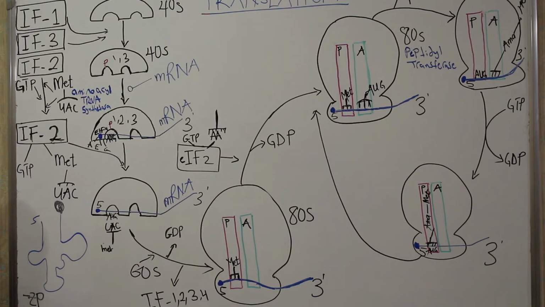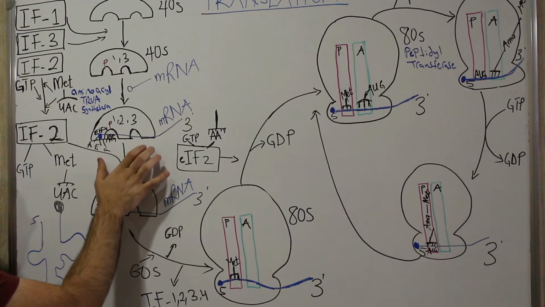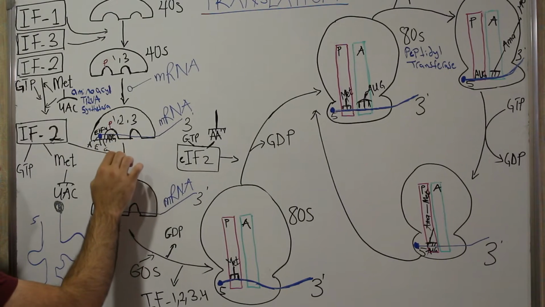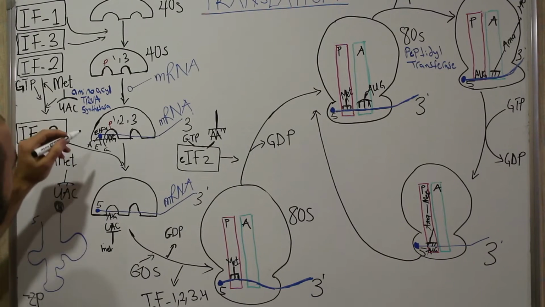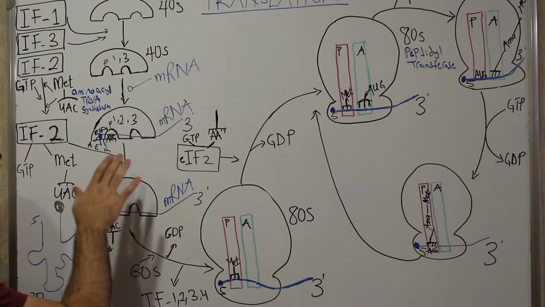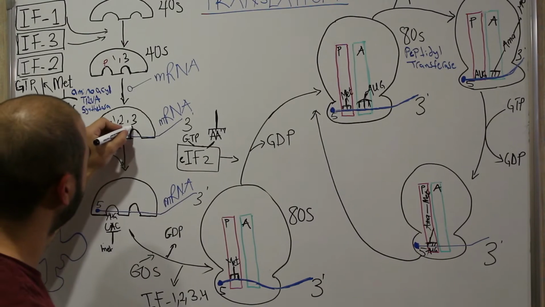Then, coming to the next step, after alignment of the mRNA to the correct place, I didn't mention that here is the P place and here is the A place.